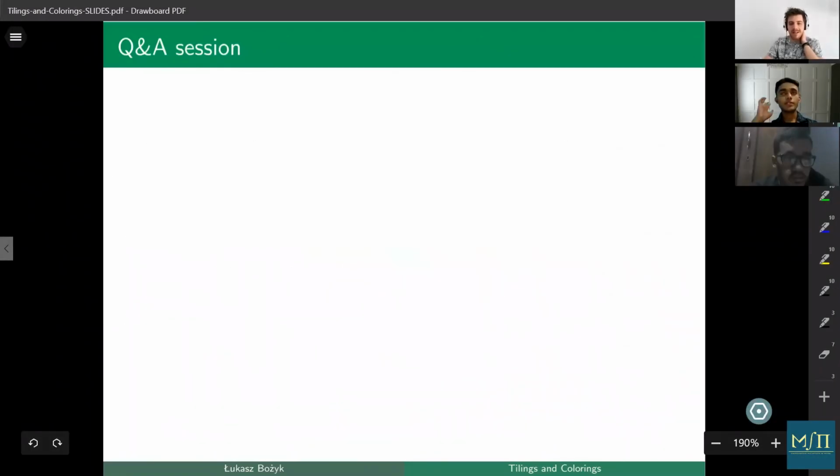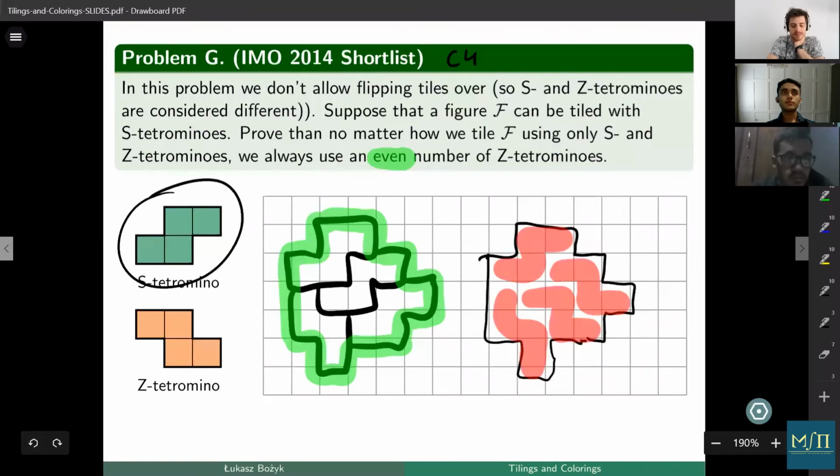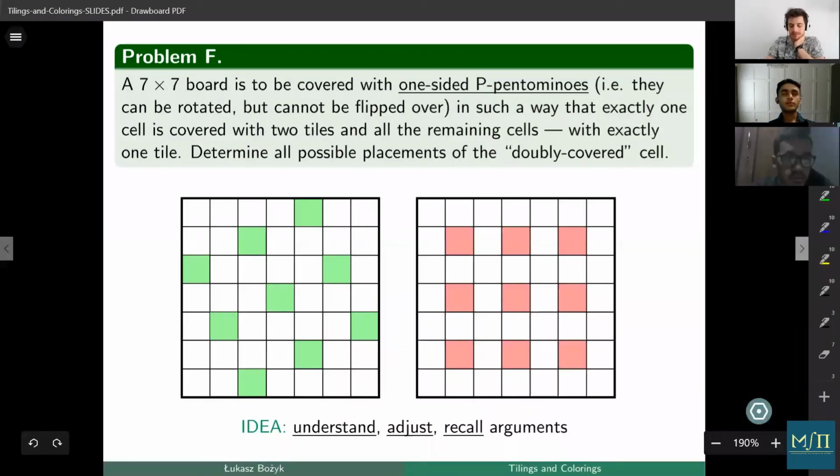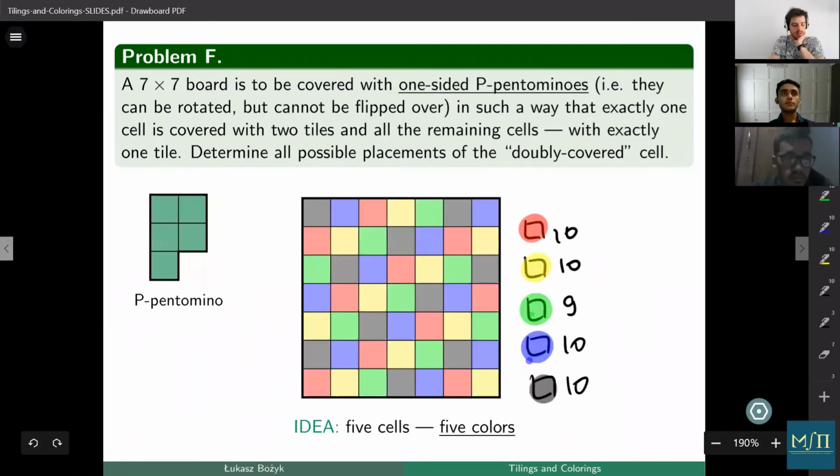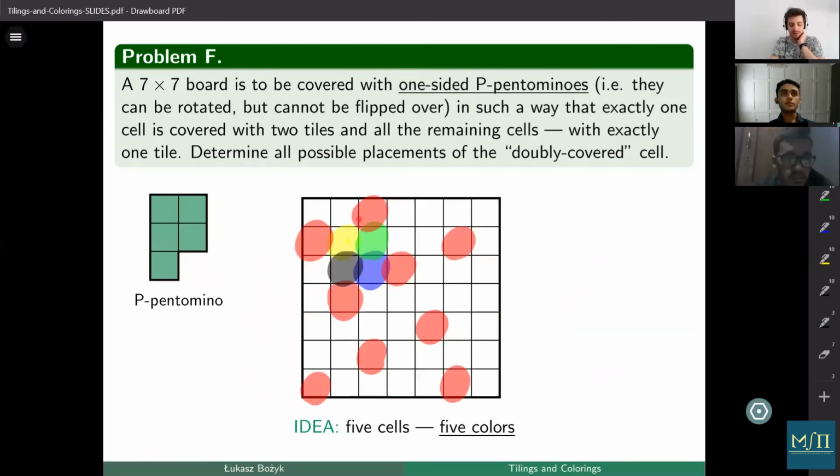If anybody else has any questions, please ask. I also had one question in the last problem, problem number F. We did coloring, but didn't we have some overlapping kind of thing, like overlapping pentominoes? Yeah, that's right. This is not the standard covering with no overlapping, as we allow in the problem statement exactly one overlapping.